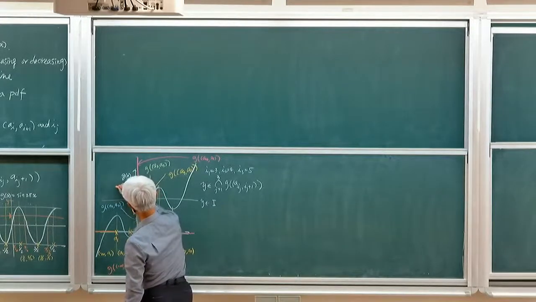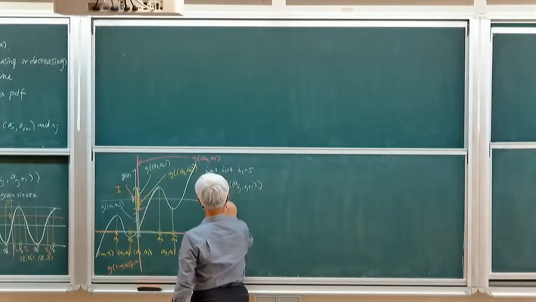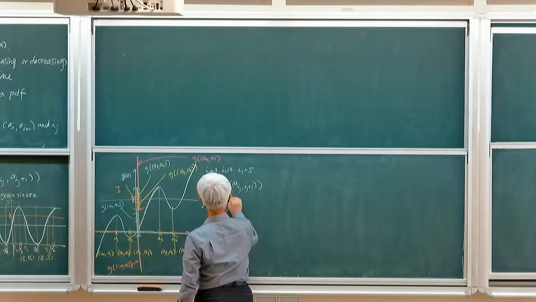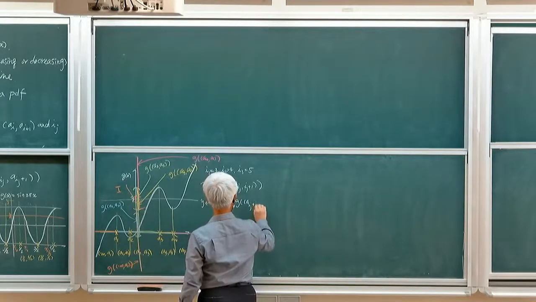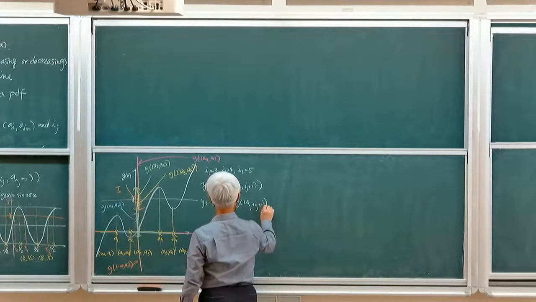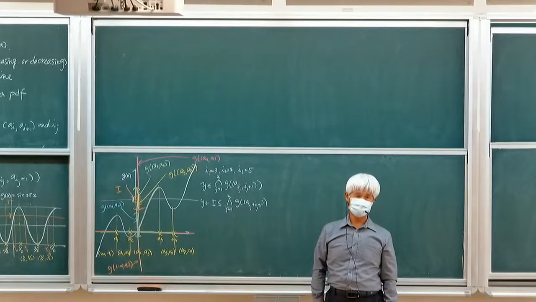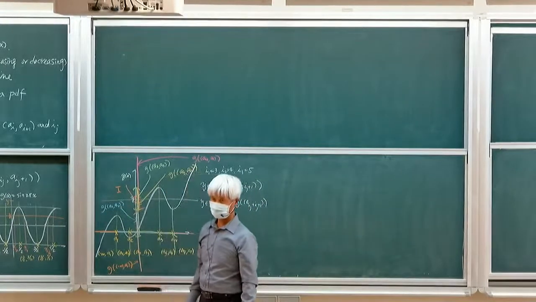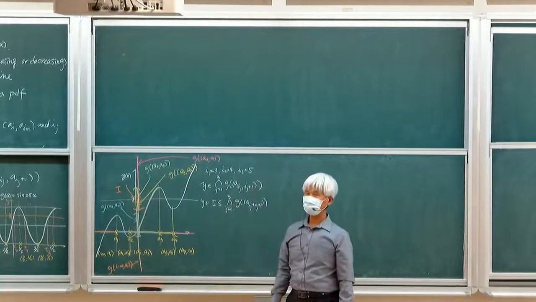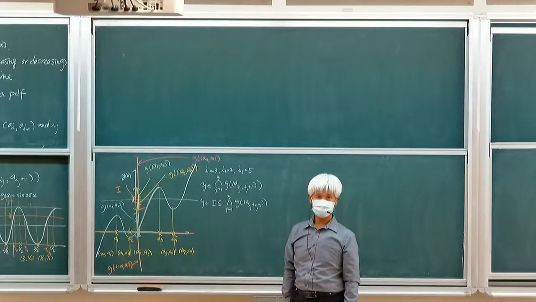So that is I, and I will be contained in the intersection. So that is the situation. This is maybe more interesting than the previous two examples.